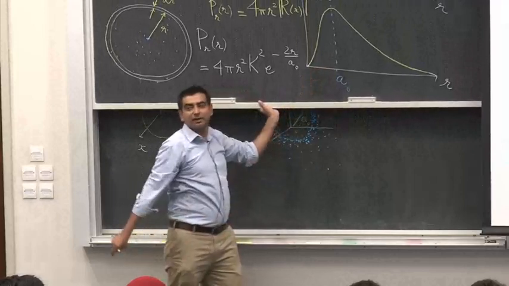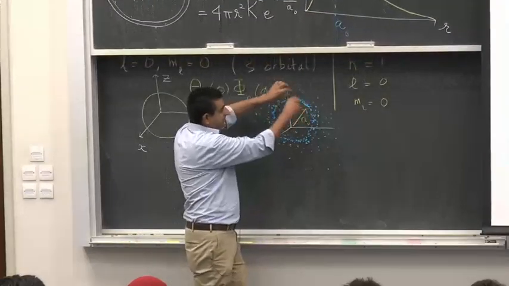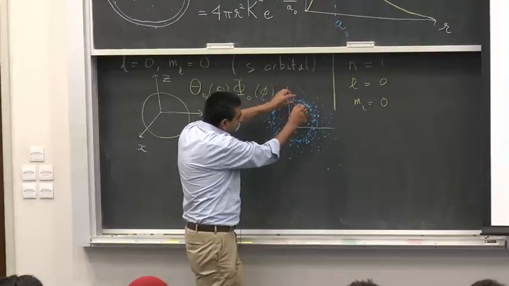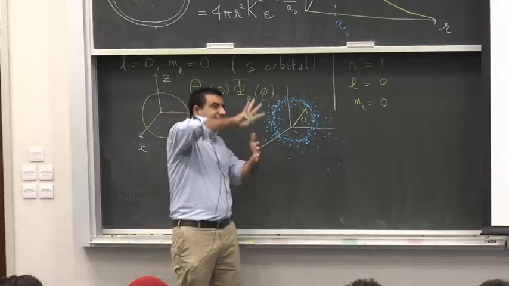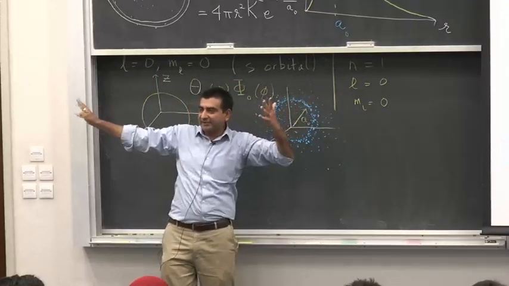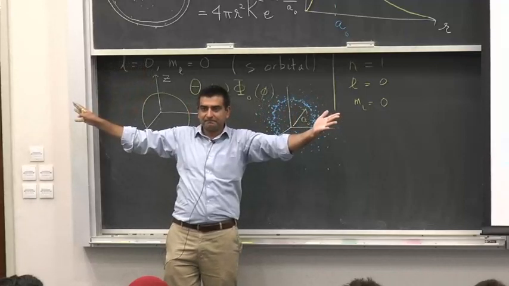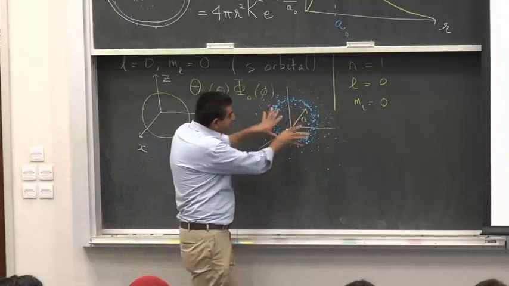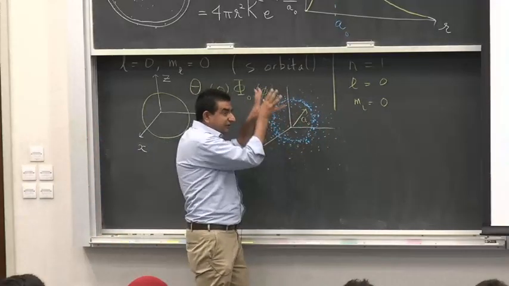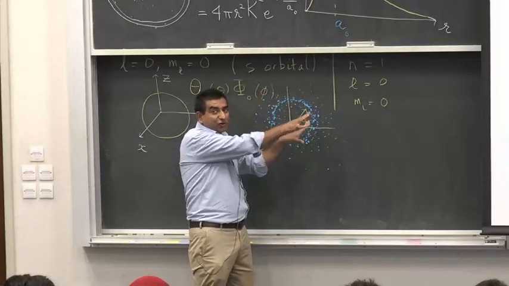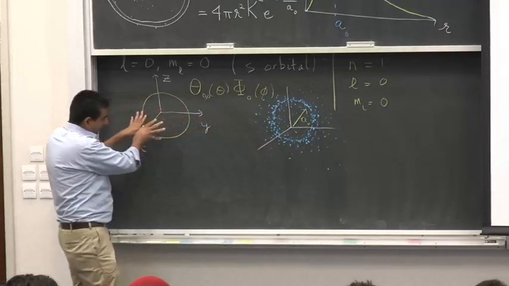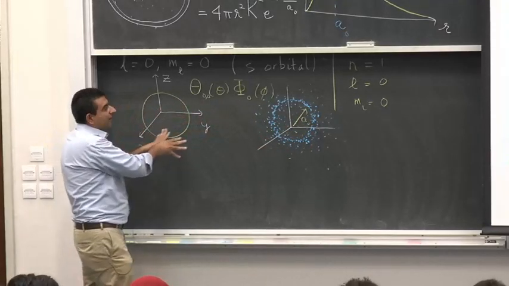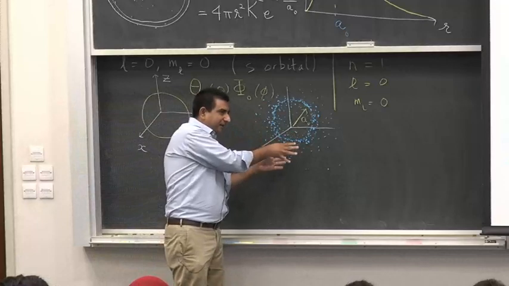So there's maximum density, maximum number of points per unit volume that I've drawn, at radius A0. But there is no dependence on the angles theta and phi. So this electron cloud picture represents an S orbital.